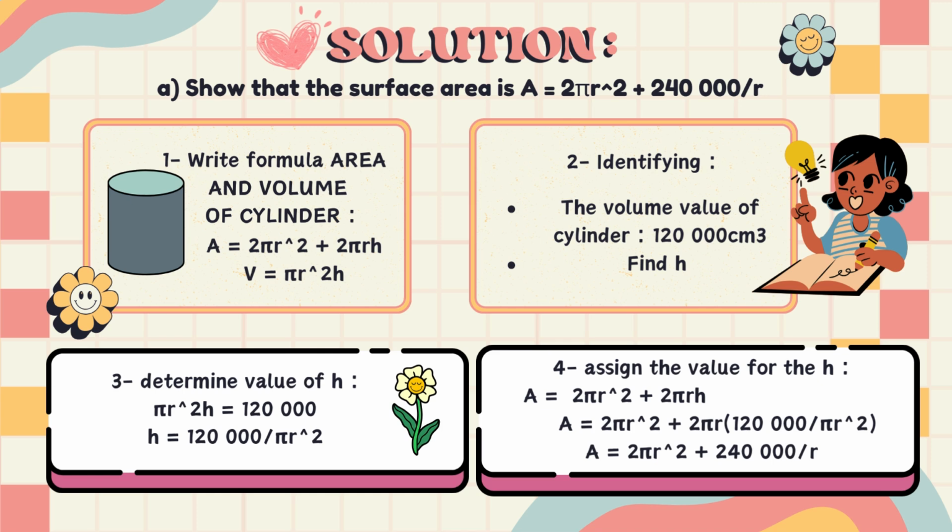For this step, we use the area formula to show that the surface area is the same as the equation. So, we just put the h value into the formula, and finally we can see, from the question, that the surface area is A equals 2 pi r squared plus 240,000 over r.